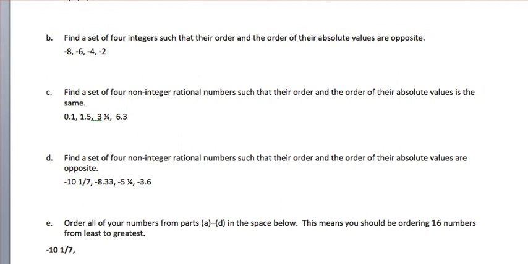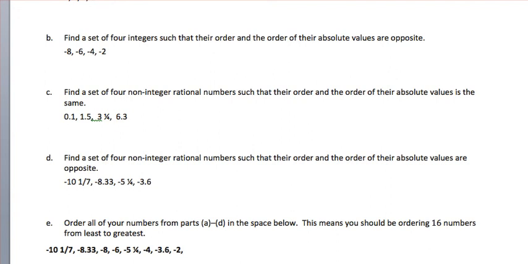Then we would have -8 and 33/100. Then we would have -8 up here. Then -6, -5 and 1/4, -4, -3 and 6/10, and -2.